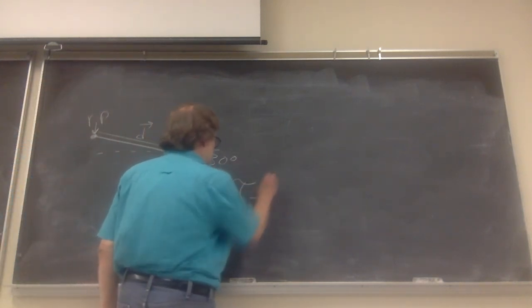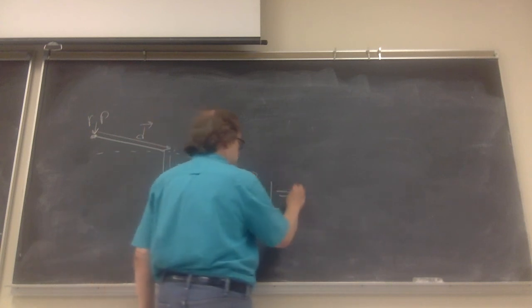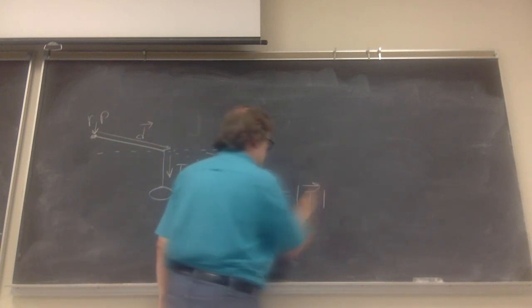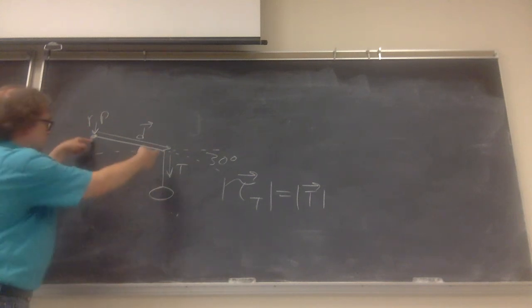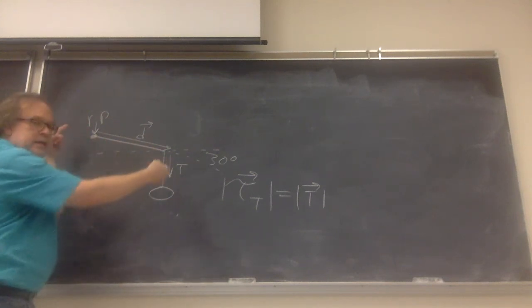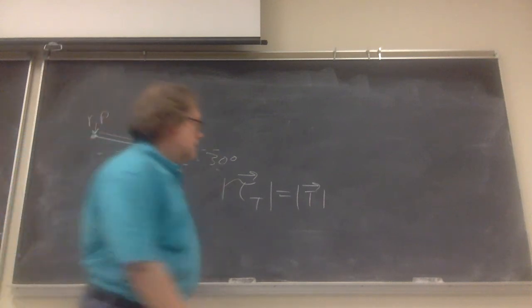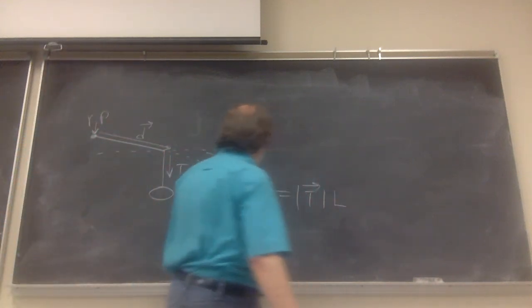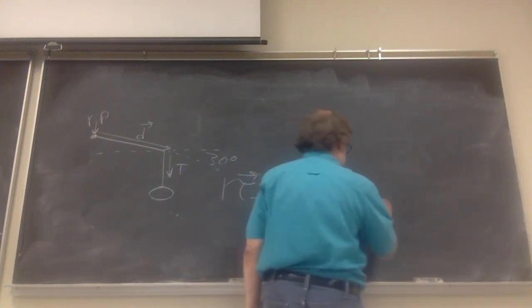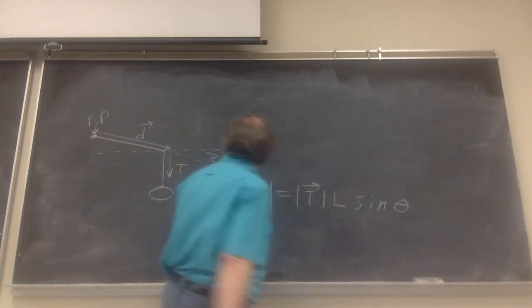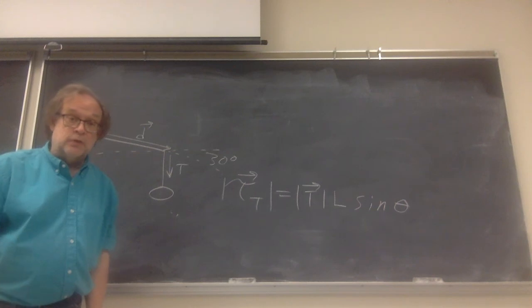The magnitude of the torque produced by the tension is just the strength of the force times the magnitude of the displacement vector, which in this case is just going to be the length of the stick, so I'll call it L meters, times sine of the angle between the displacement vector's direction and the force direction.